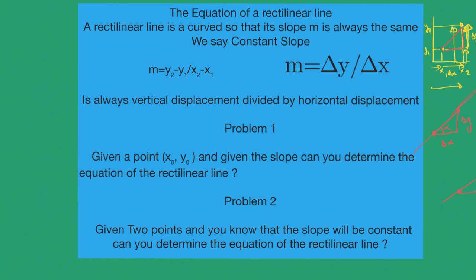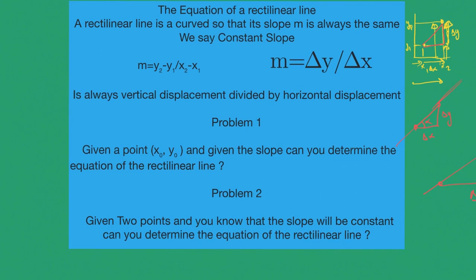In the first problem, they give me a point, an initial point, and they ask me for the rectilinear equation. The second problem that we are going to learn how to solve is they give me 2 points, and from the 2 points they ask me to tell them the equation of the rectilinear line.